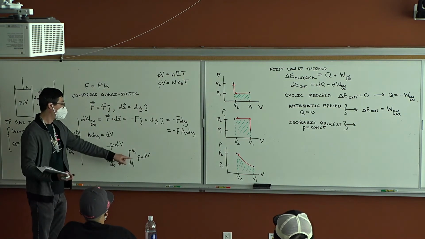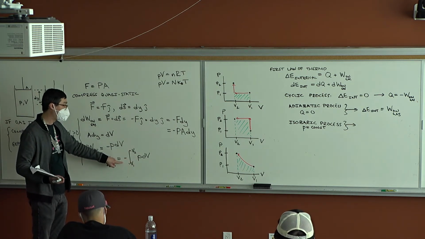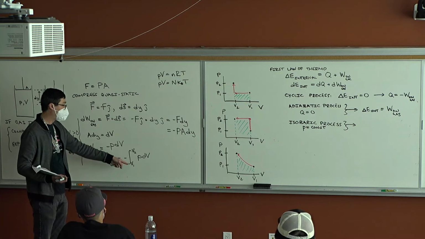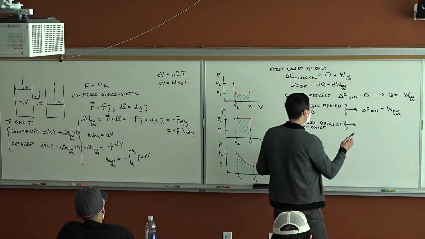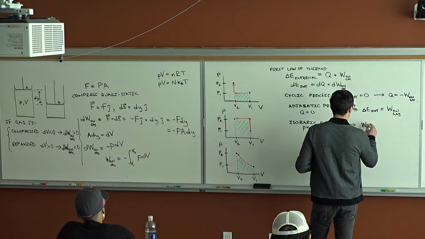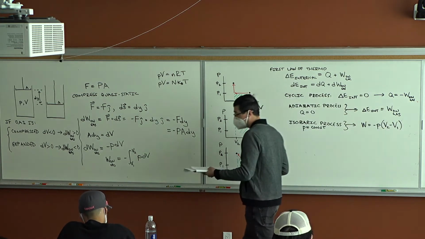The pressure times V final minus V initial. Yeah, if the pressure is fixed, it can come out of the integral. And I just have P integral dV from V1 to V2, right?